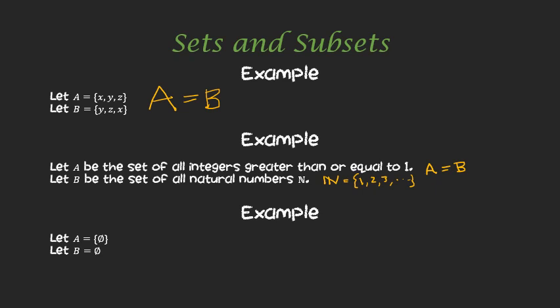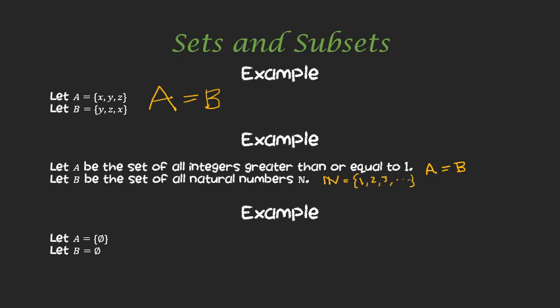Let's see another example. Here A is the set containing the empty set, and B is just the empty set. This is something I've seen students struggle with in the past: understanding that sets are just a collection of objects, and objects is a very vague term. An object can be anything you can think of, including sets themselves.